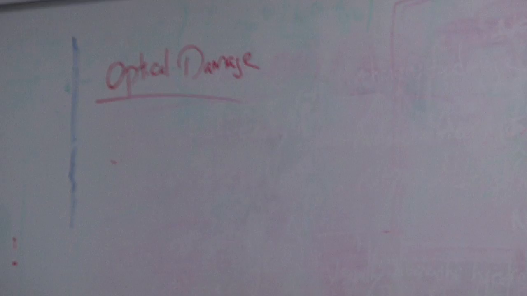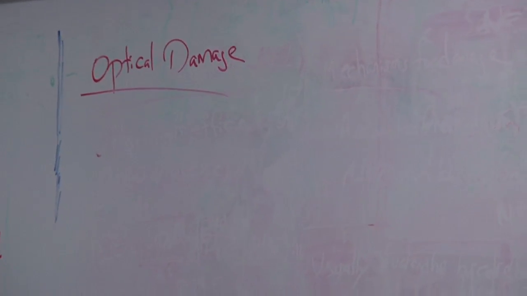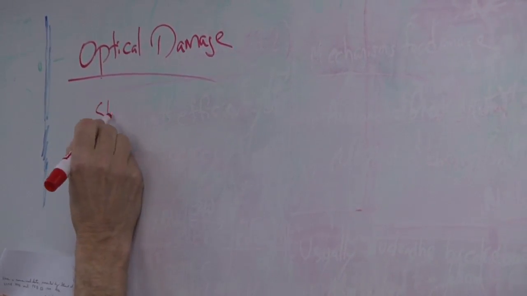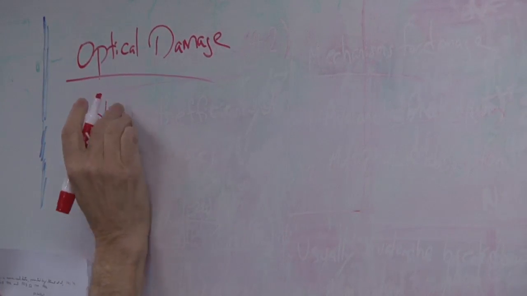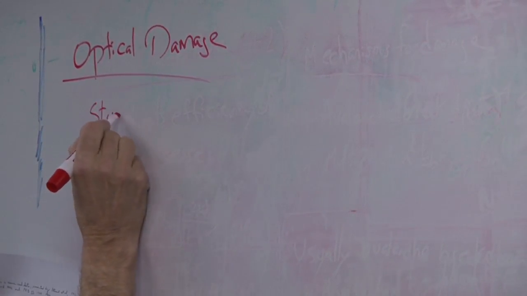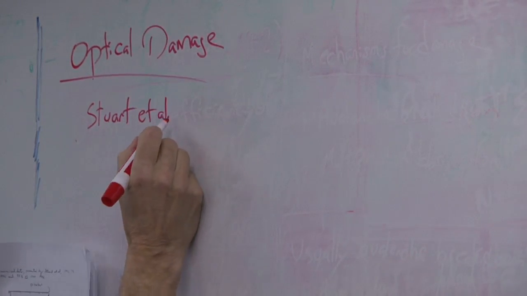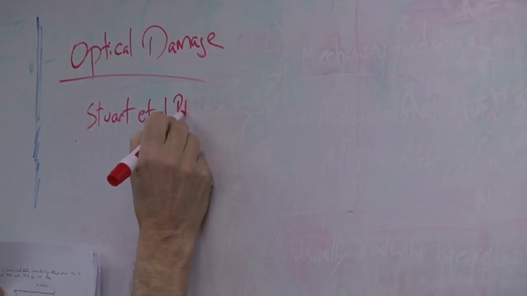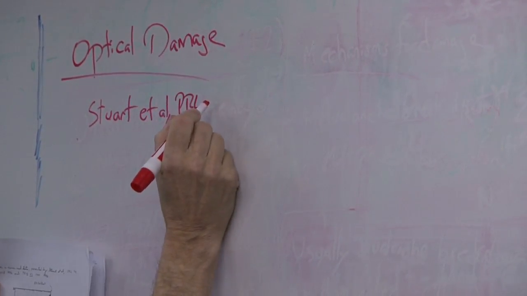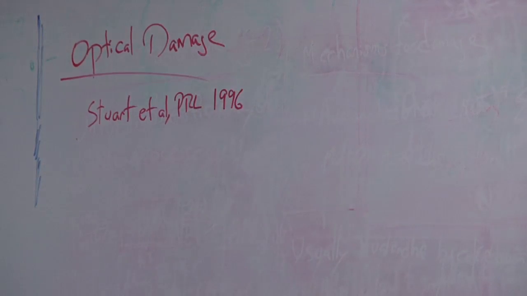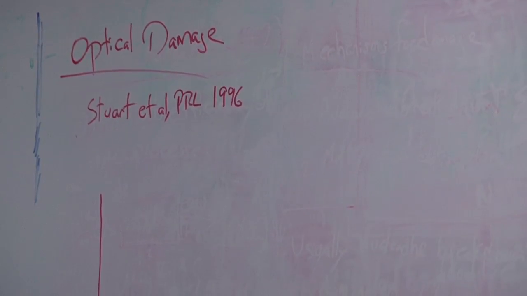But if somebody does it right, the fact it's 20 years old doesn't make it wrong, just because it was done a long time ago. This was some work by Stuart et al., PRL 1996. And here's what they did.